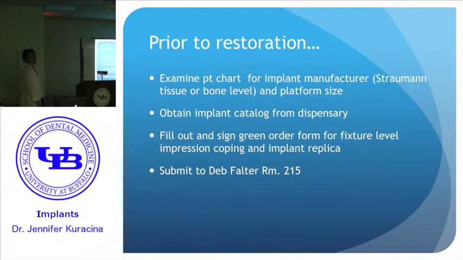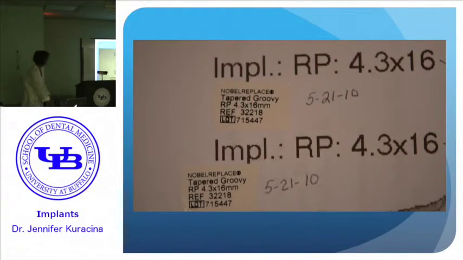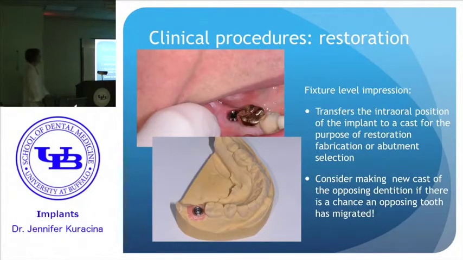They should know that prior to their patient coming in, they need to have some parts ordered. So they should be able to go to the chart and find a sticker that was placed the day of surgery, hopefully, so that they can find out the size of the implant and whether it's bone or tissue level.